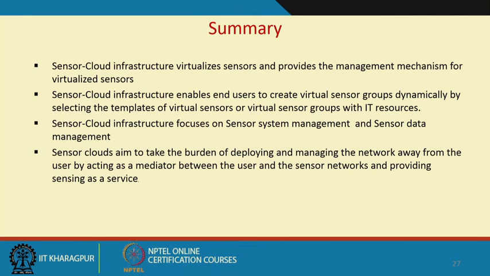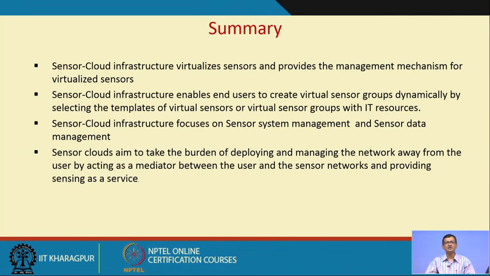So, if we summarize, the sensor cloud infrastructure virtualizes sensors and provides management mechanisms for virtualized sensors. It enables the end user to create virtual sensor groups dynamically by selecting the template of the virtual sensors or the sensor groups. So, based on the user application I can select a particular template to work on.